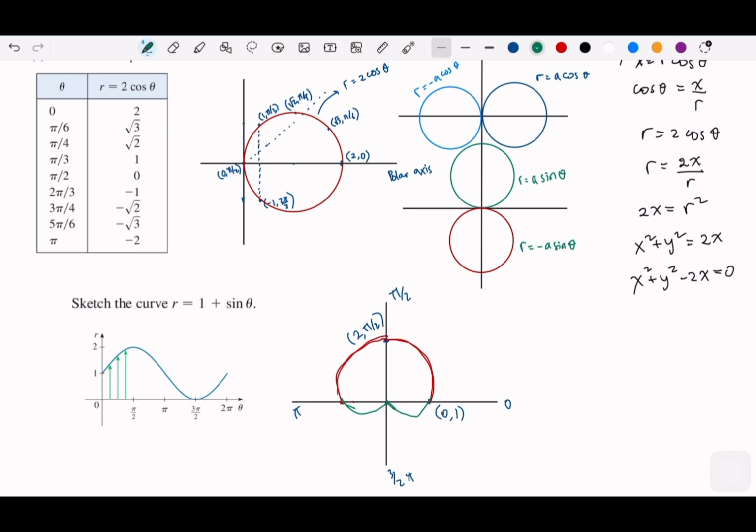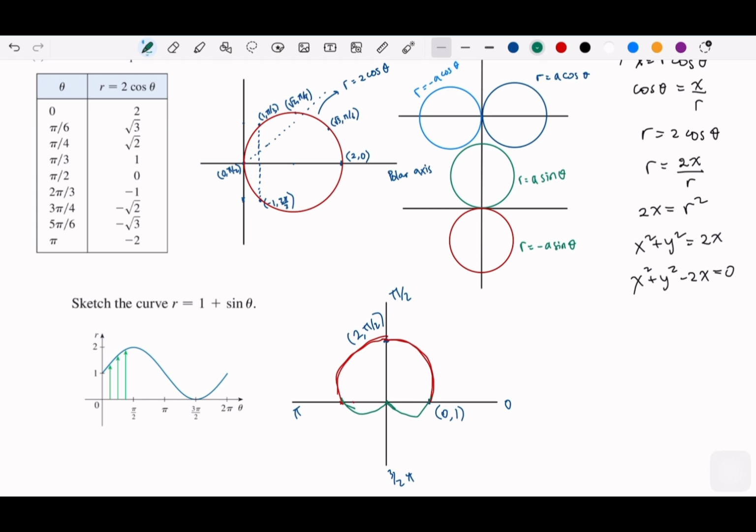And as I mentioned, sine positive goes up. So in terms of cardioid, you will see the large part is on the top. So you will know if you have 1 minus sine, it is inverted. If you have 1 plus cosine, or 1 minus cosine, the large part will be on the left.